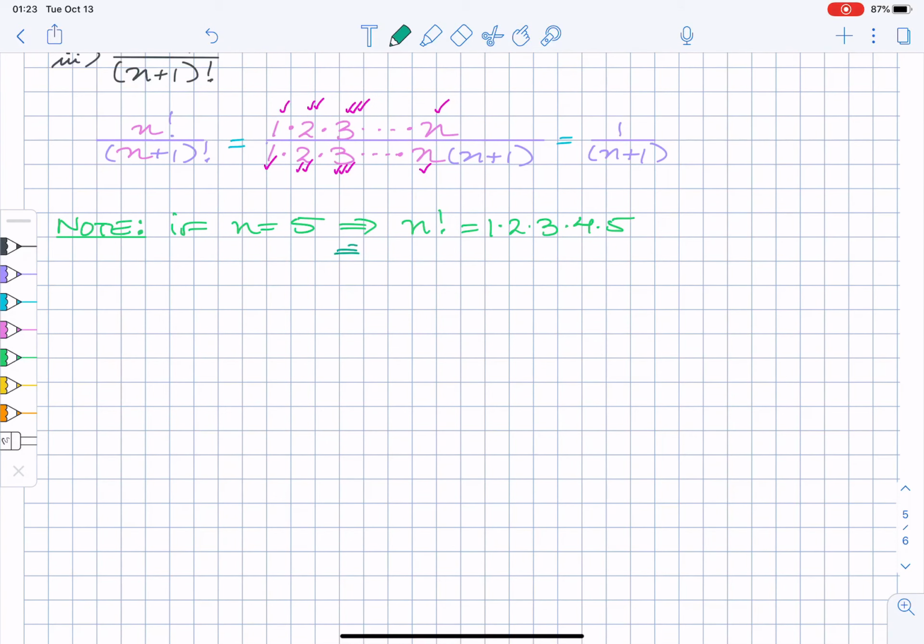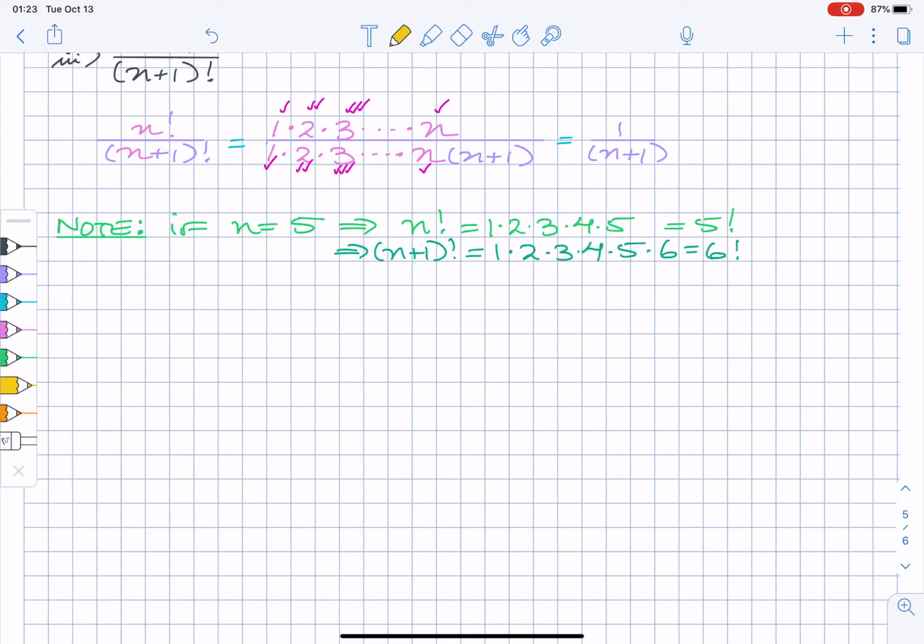And this implies that n plus 1 factorial will be 1 times 2 times 3 times 4 times 5 times 6. Because this is 5 factorial, and this is 5 plus 1, or 6 factorial, the product of all integers up to and including 6.